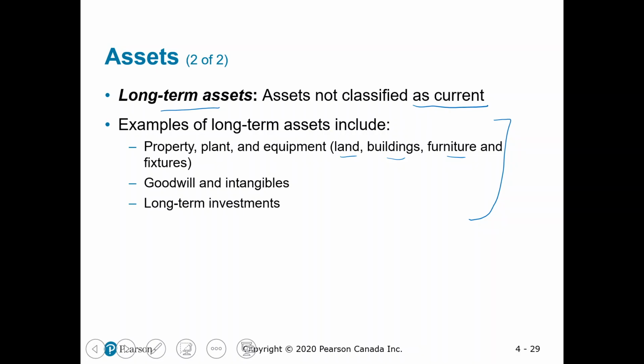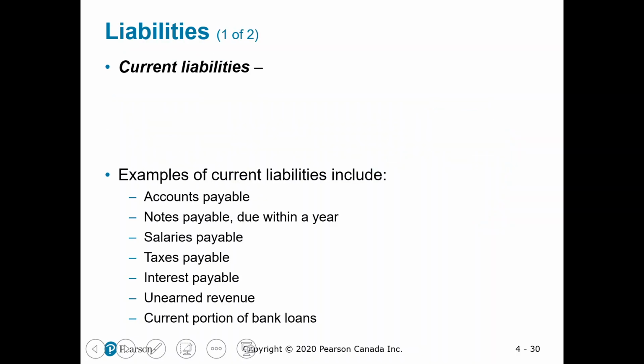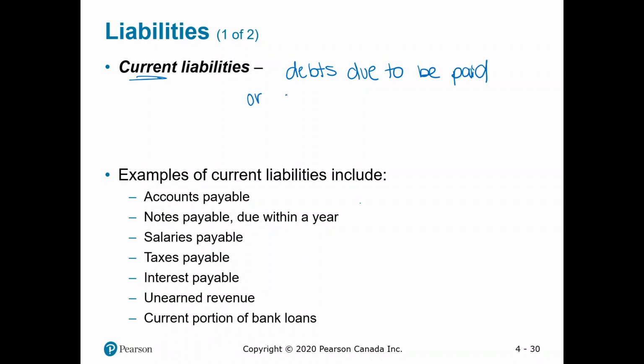So we classify our assets. We also classify our liabilities as current or long-term. Current always means 12 months. So current liabilities are debts that are due to be paid or settled within 1 year or 12 months.